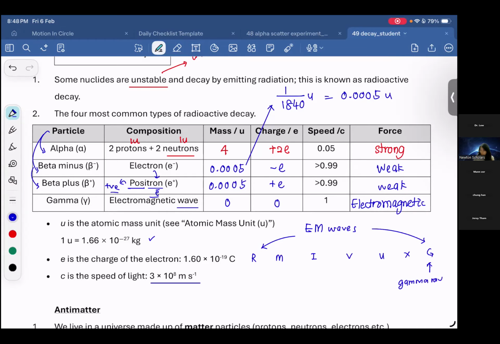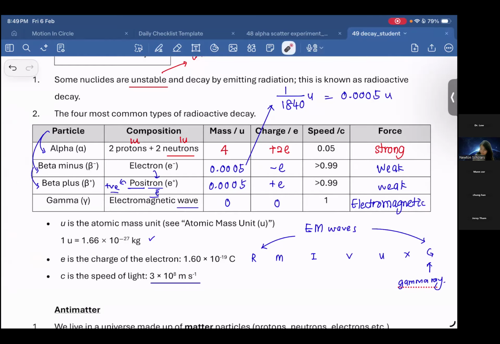How fast do the EM waves move? In vacuum or in air, almost the same. These 7 family members have the same DNA, so they have the same properties. One of them is that they move with the same speed in vacuum, which is 3 times 10 power of 8.